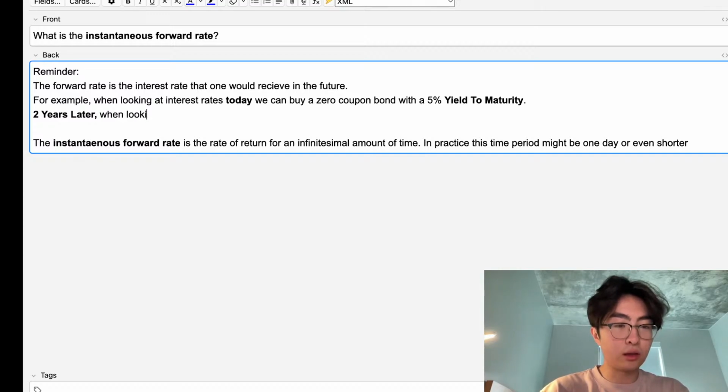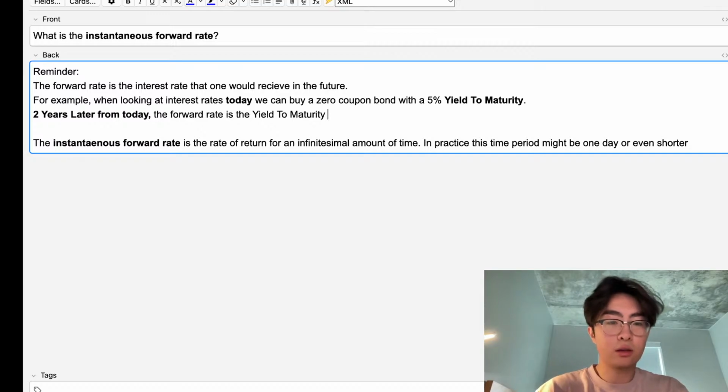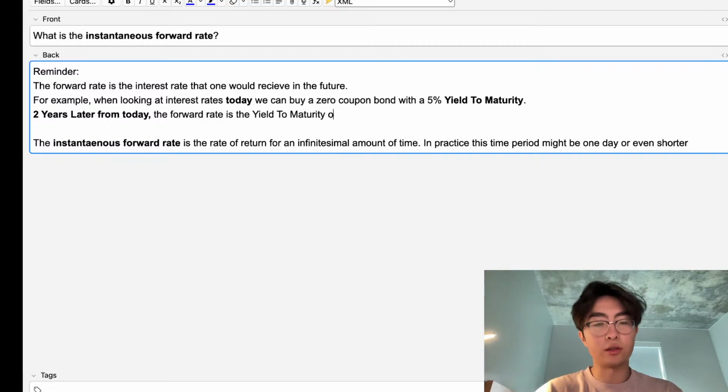when looking from today, the forward rate is, forward is the yield to maturity.